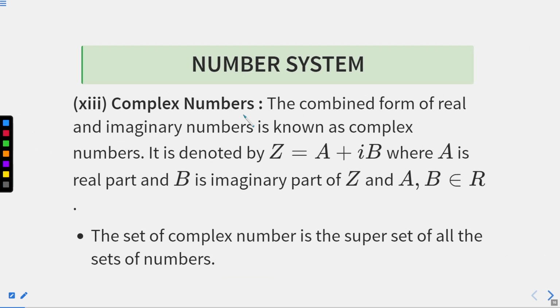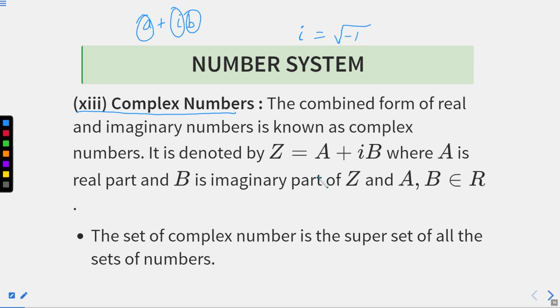Okay, now complex numbers. The combined form of real and imaginary numbers is known as complex numbers. So complex numbers are of the form a plus ib, where a and b are from the real numbers, and a or b can be rational or irrational, and i is already defined as the imaginary number, i equal to root of minus 1.